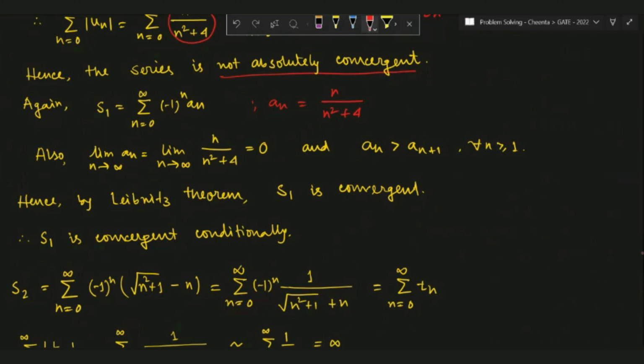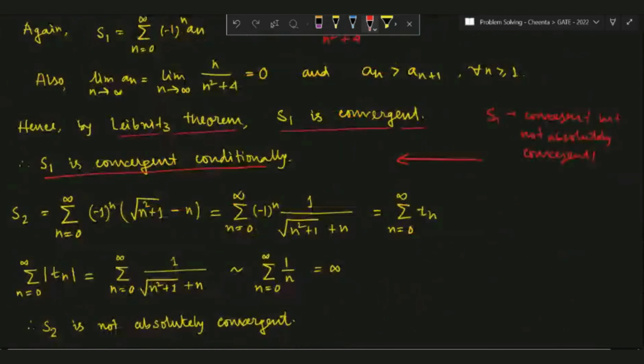So by Leibniz rule or Leibniz theorem, we can say that S1 is convergent, but not absolutely convergent. Hence, we can say that S1 is conditionally convergent.